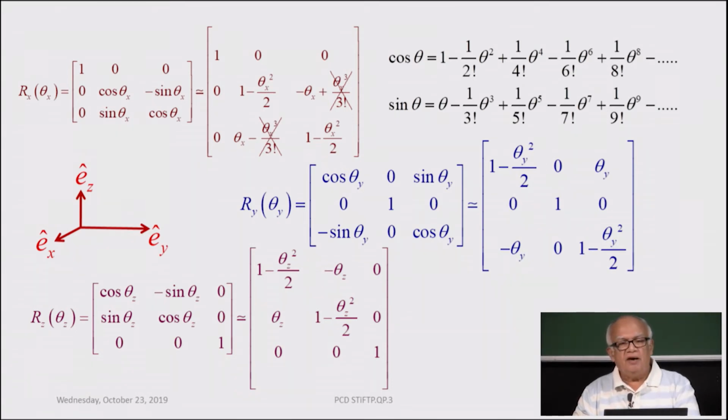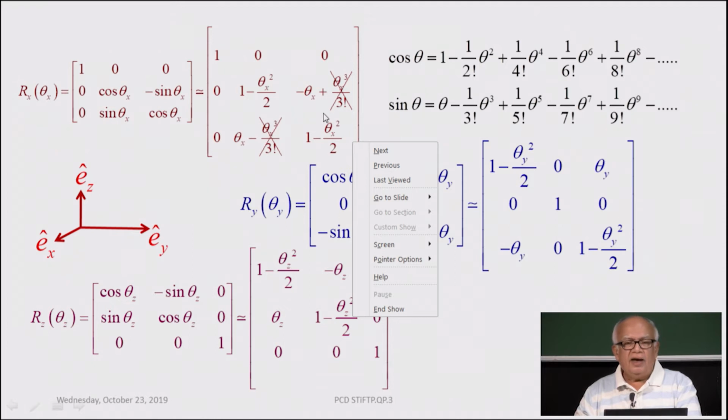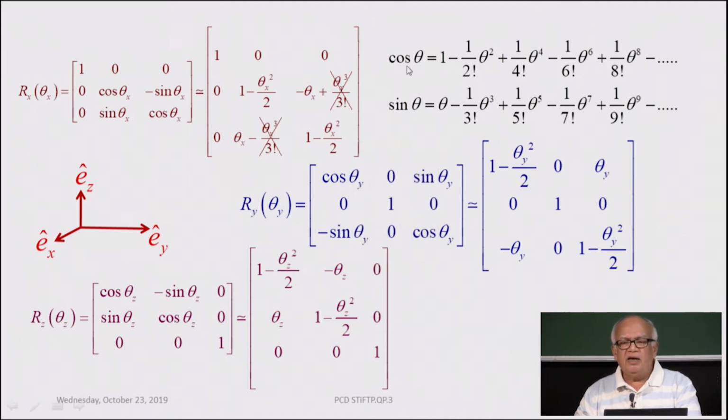Here you would have a third order correction in sine theta, which I have struck off, and we do the same for the cosine terms. The fourth order term is struck off and so on. So, up to second order you have this matrix representation for Rx, and you have a similar representation for Ry up to second order for infinitesimal angles. We are doing an algebra which is correct up to second order, and we have written the rotation matrices for rotation about the x axis and also about the y axis.